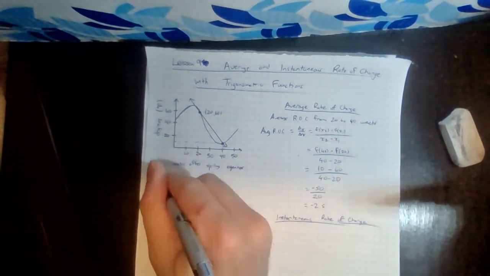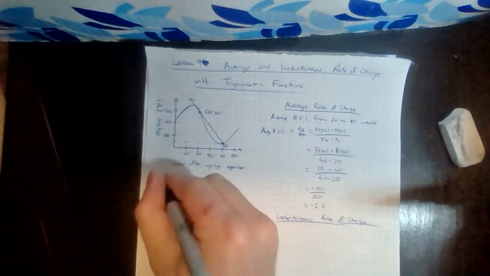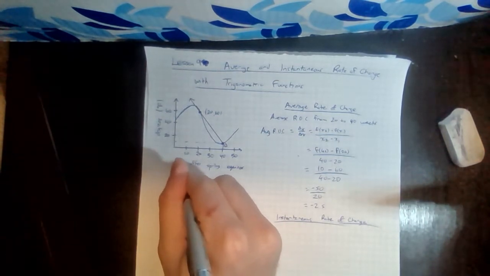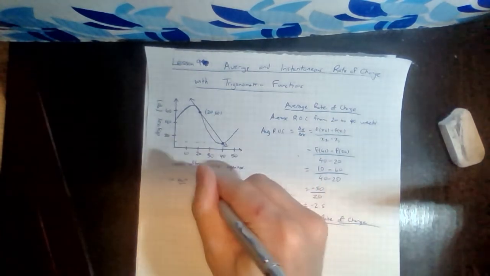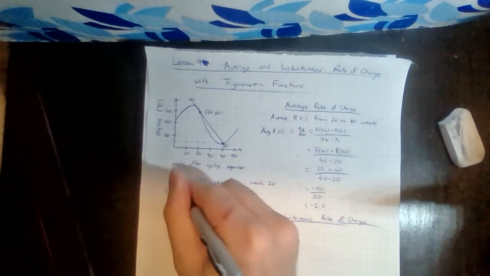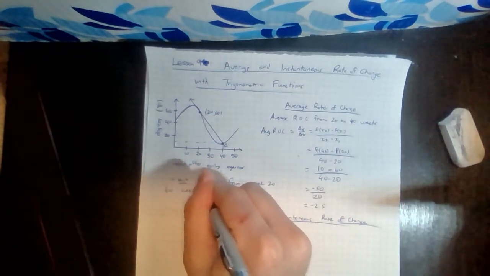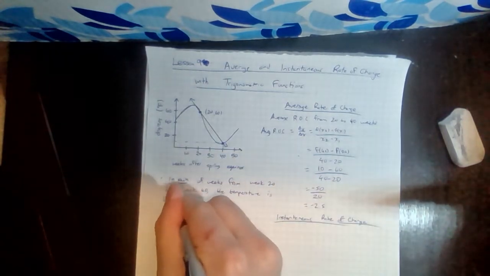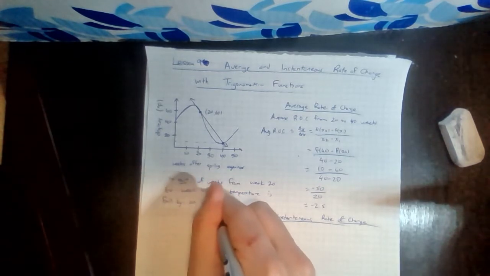So what this means is that in each of the weeks from week 20 to week 40, the temperature is falling by an average of 2.5 degrees Fahrenheit.